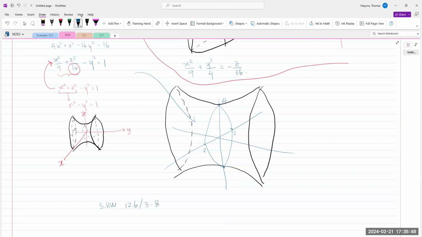This is the cylinders. Just to review a bit. Number 11 to 36, and then number 41 to 44. Do the odd numbers, but if you have questions, feel free to ask me.